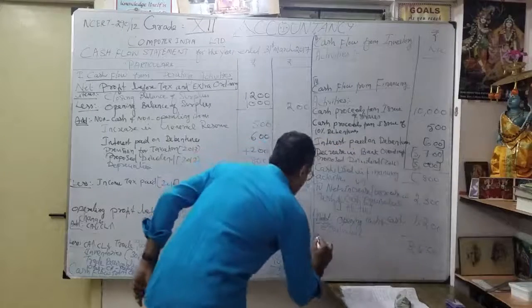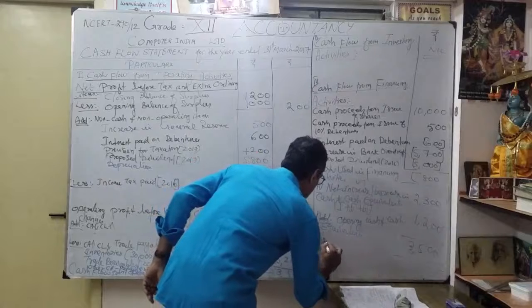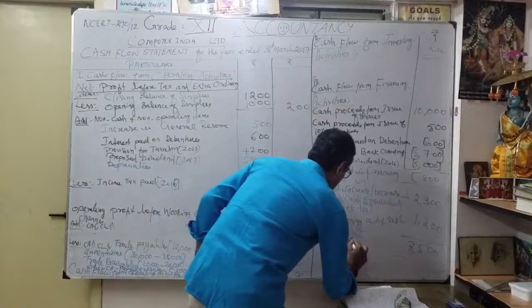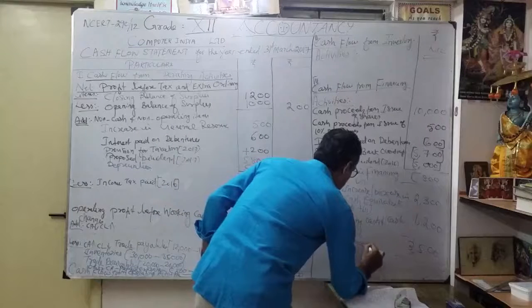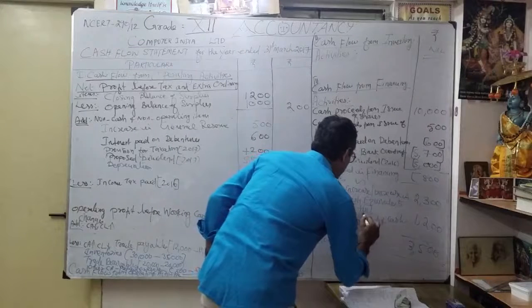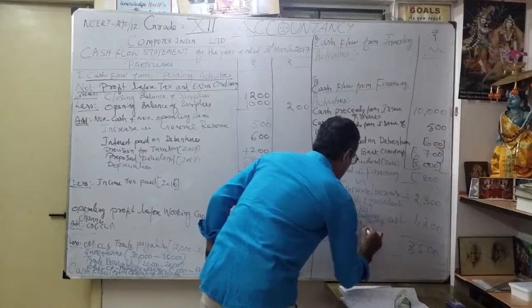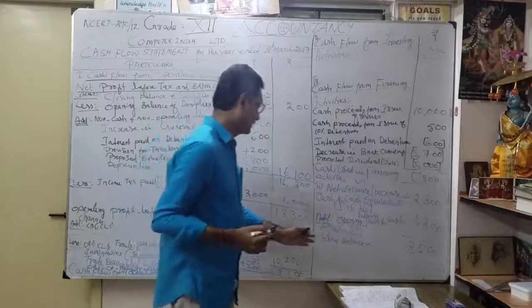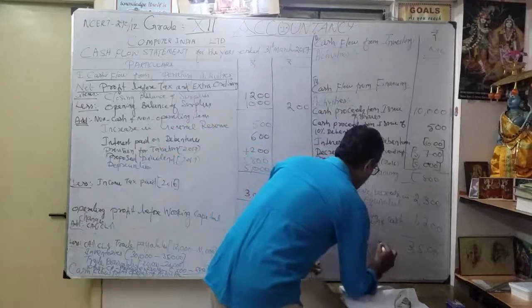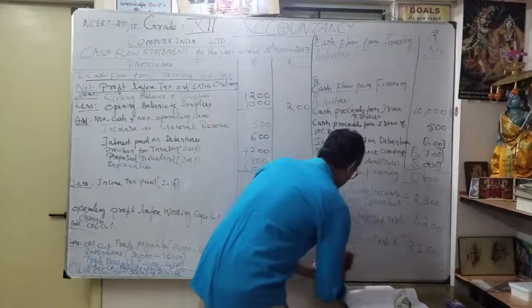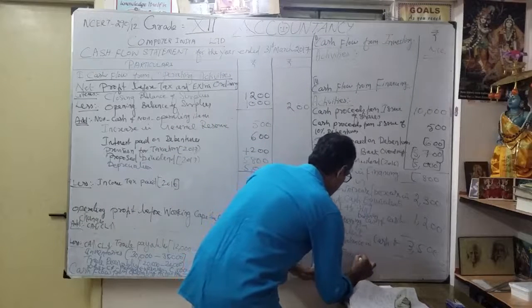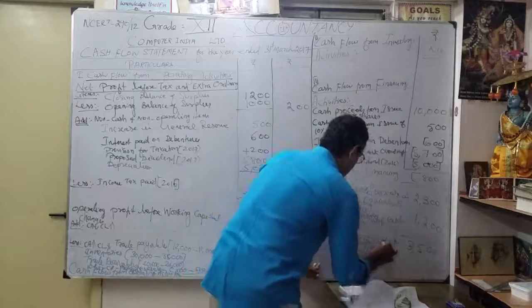It is called what? Closing balance. This is the opening balance in cash and cash equivalents. Similarly, what will be our answer? 3,500, closing balance in cash and cash equivalents.